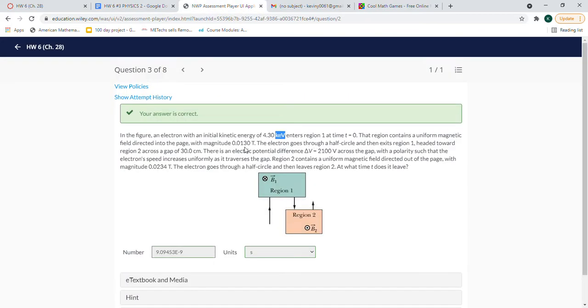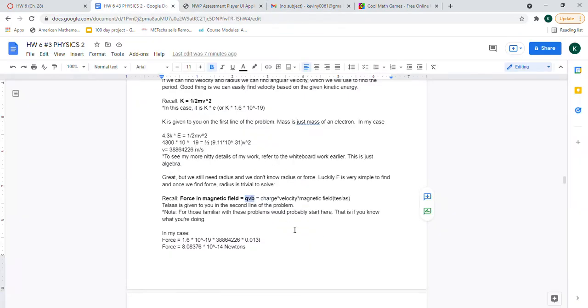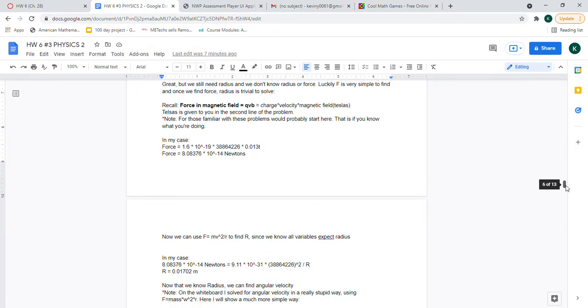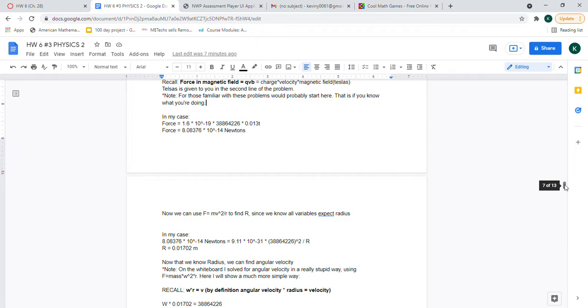Teslas is this number right here. Let's be honest, most people that know how to solve this would probably start here, and they'll probably be able to skip all the beginning. But if you don't know, you will eventually reach this point. So either way, force equals q, just the charge of the electron, times your velocity that you just found, and then your magnetic field in Teslas. And this will give you your force. Great. Now we have force.